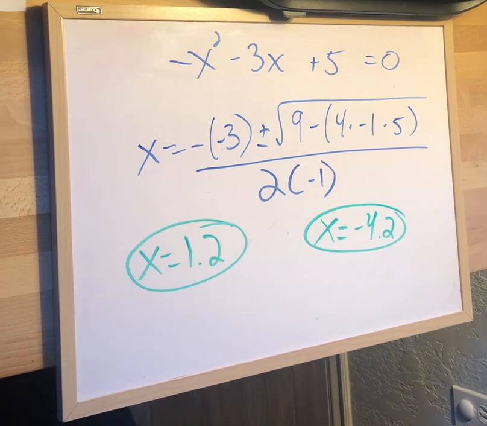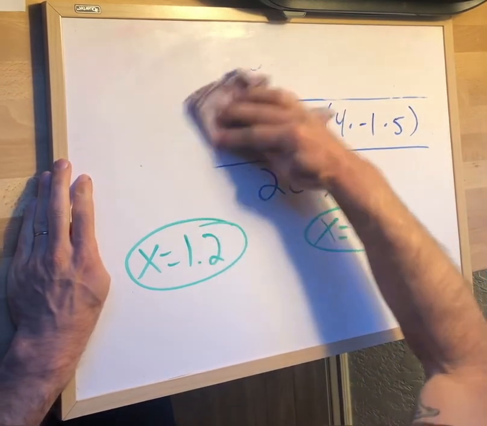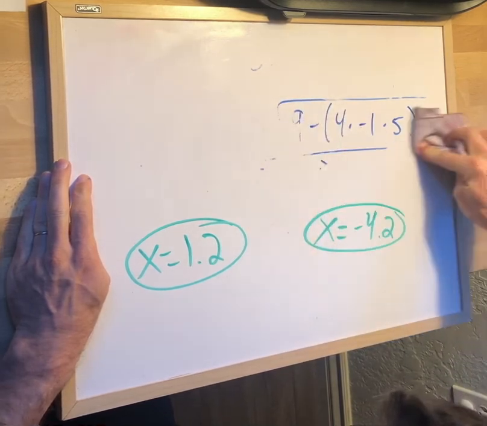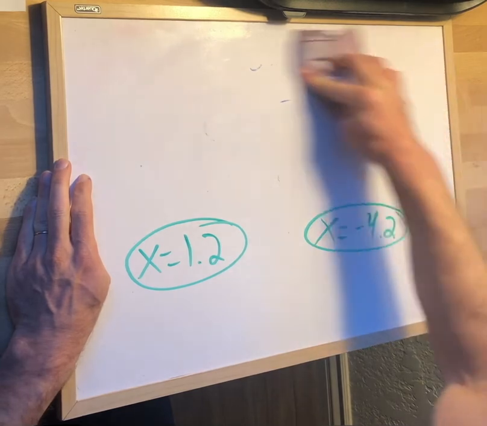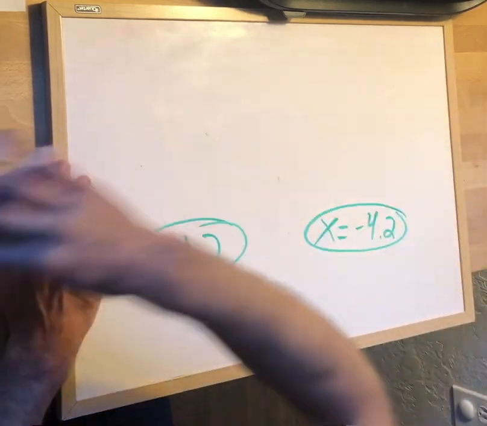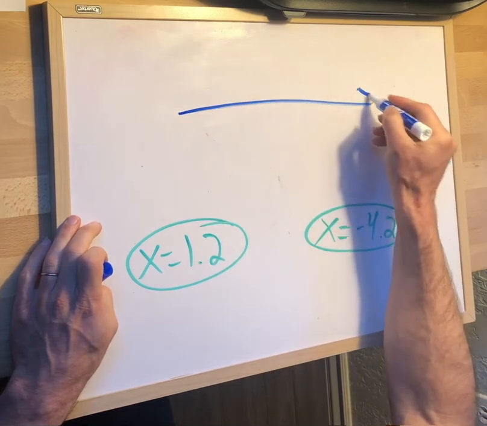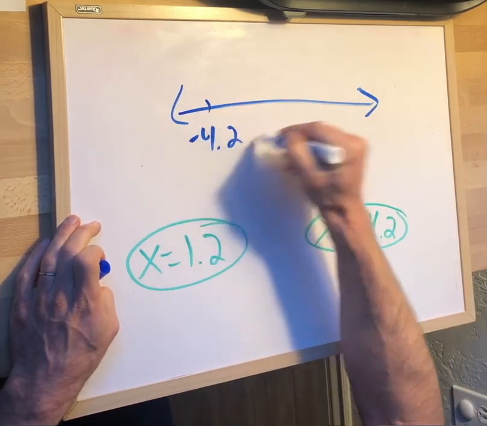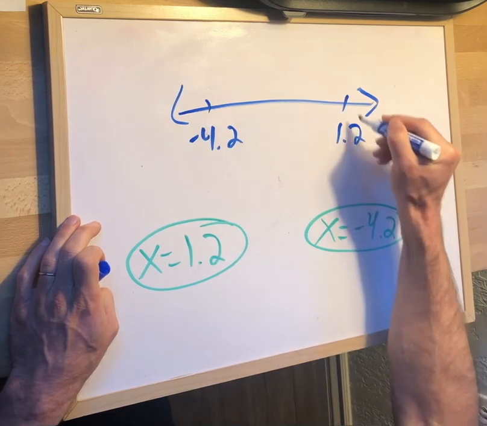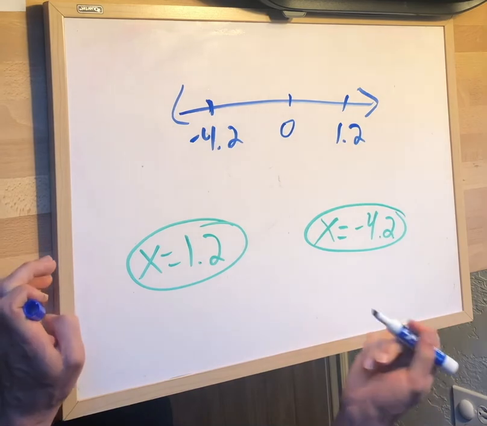Now, what I'm going to do is plug in the answers on my number set. I'm going to use negative 4.2 and 1.2. Now look, I'm going to use a 0. 0 is in between these two. Let's see if 0 works.